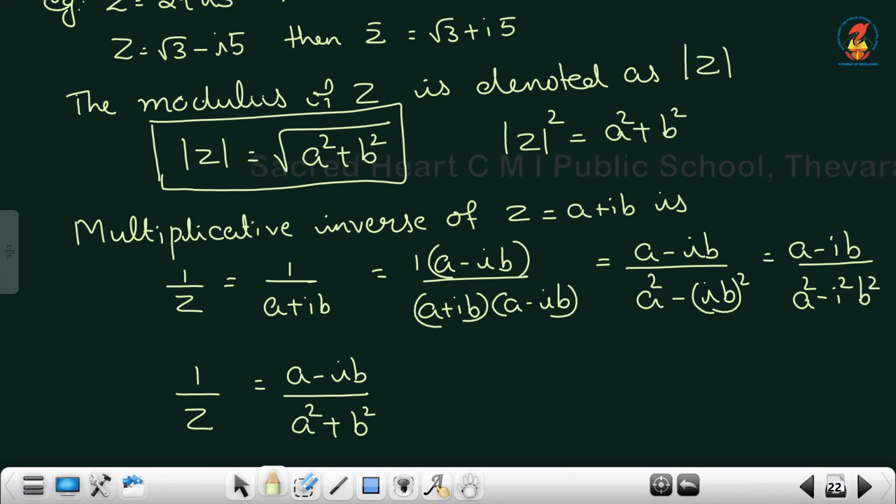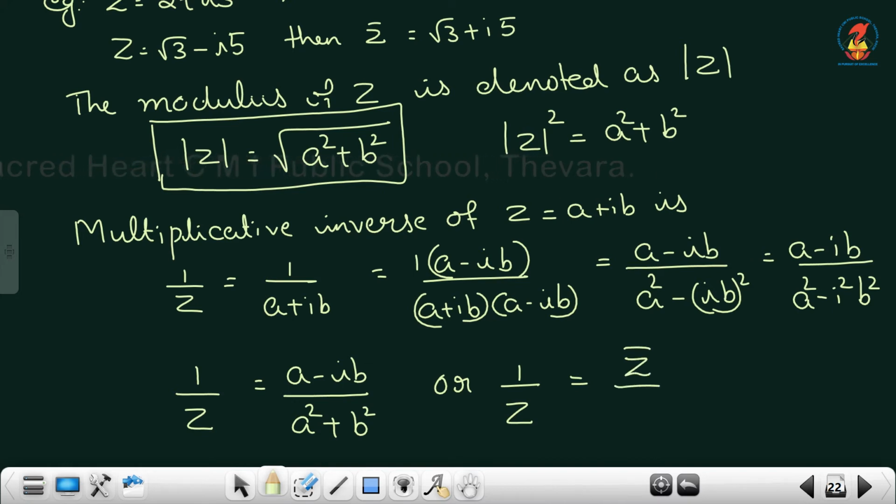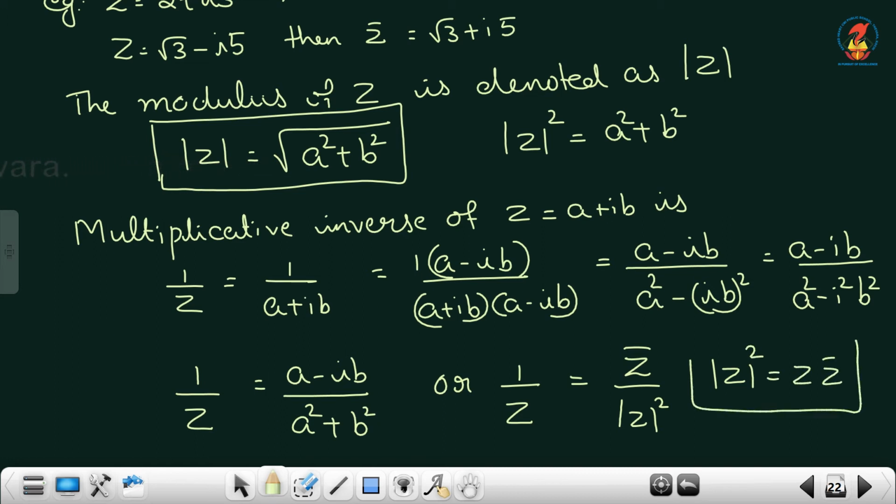Or I can write 1 by z is equal to z bar by, what is a square plus b square? Mod z square. Or I can write mod z square is equal to z into z bar. So this you have to learn. Okay. Mod z square is equal to z into z bar.